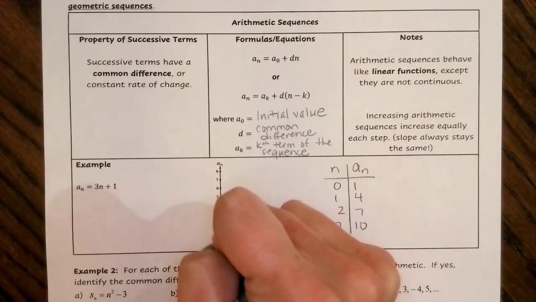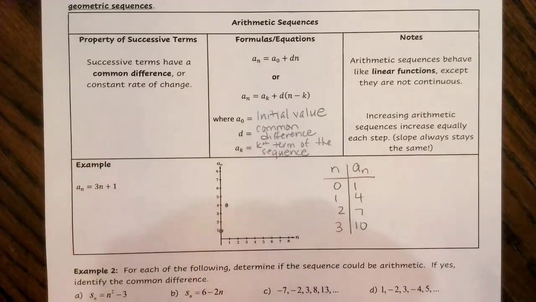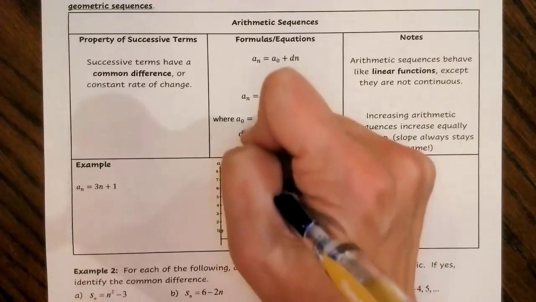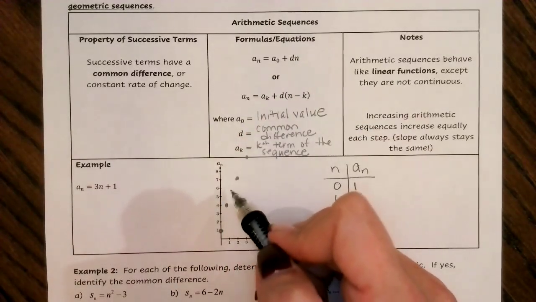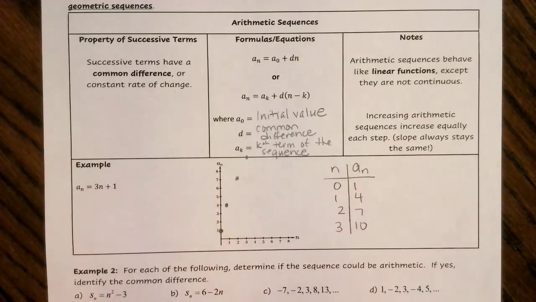And so I can go ahead and graph those by plotting those points. And 3 is kind of off the table up there. It's way up there. We would not connect these points again because we're not including any of those points. The sequence only goes with the whole numbers. So those are our points in our sequence.